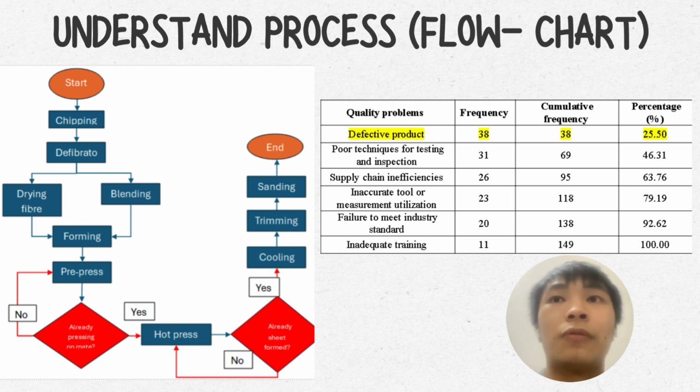The first cause is defective product, and the second one is poor techniques for testing and inspection, and the third cause is supply chain inefficiency, and next is inaccurate tool or measurement utilization, and next is failure to meet industry standard, and the last cause is inadequate training. So these six are the causes of quality problems.